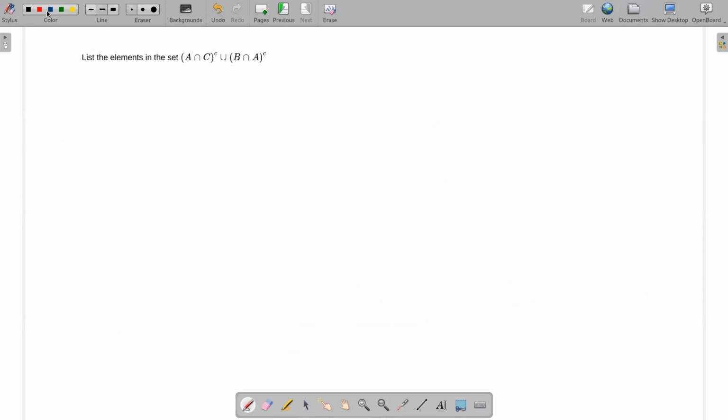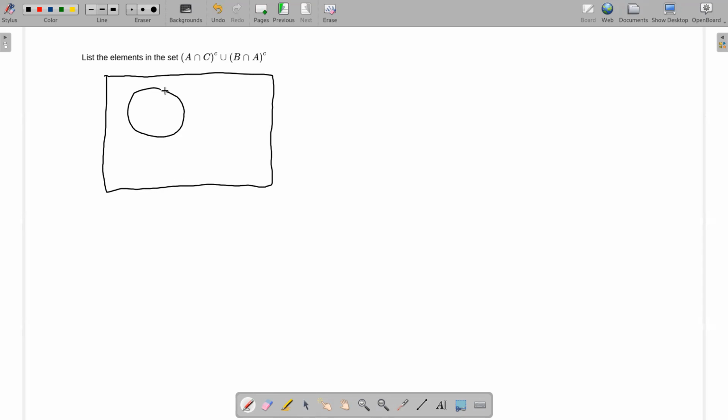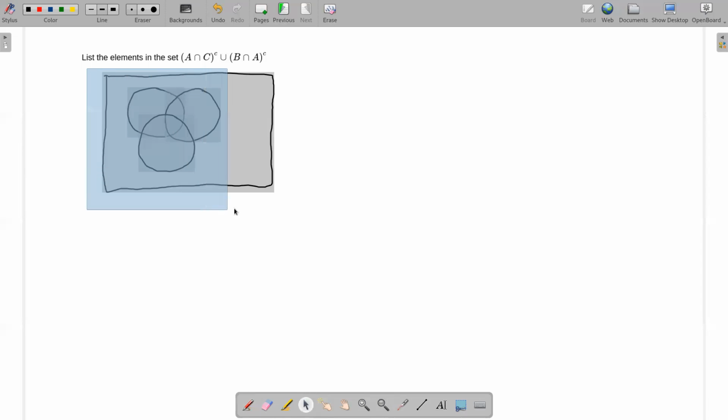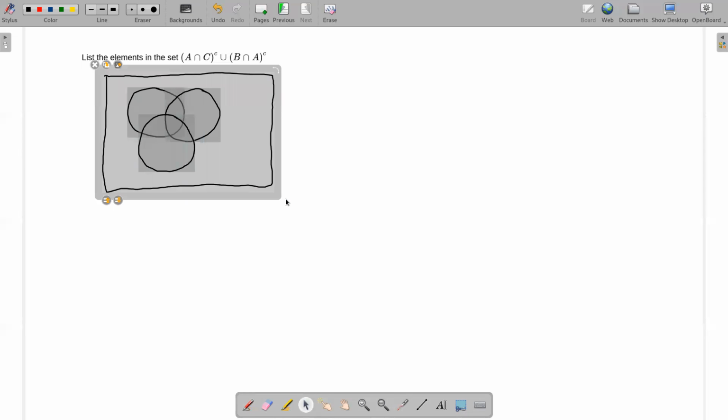And then let's draw out our universe. And then we need a set A, a set B, and a set C. And then I might need a copy of that because this could get a little messy because we're solving a problem. Problem solving is often messy till you figure it out.